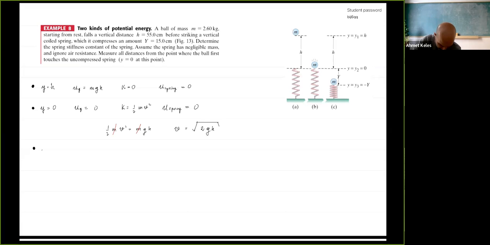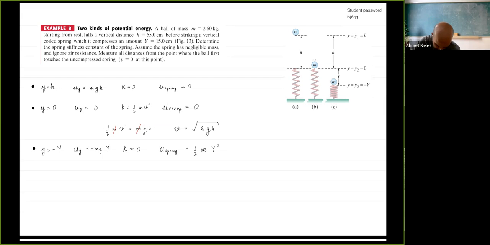And finally, y is equal to something like minus y. Gravitational potential is minus mgy, because y is below my reference point. Kinetic energy is 0. And U spring is equal to 1/2 ky squared.